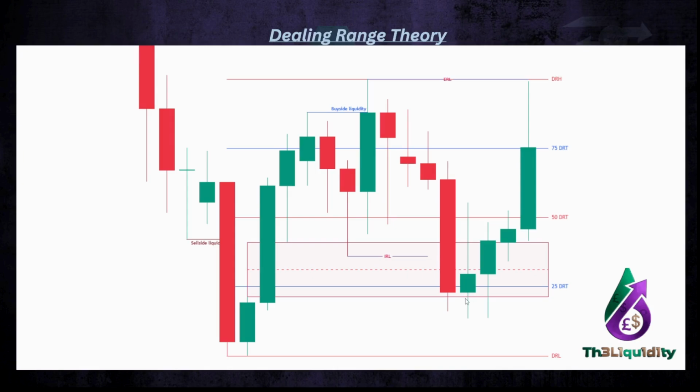And notice once price taps in to that dealing range grade, as well as after taking internal range liquidity and internal range inefficiency, price then heads upwards to take out this dealing range high, which also is your external range liquidity. So that is your example of a dealing range.